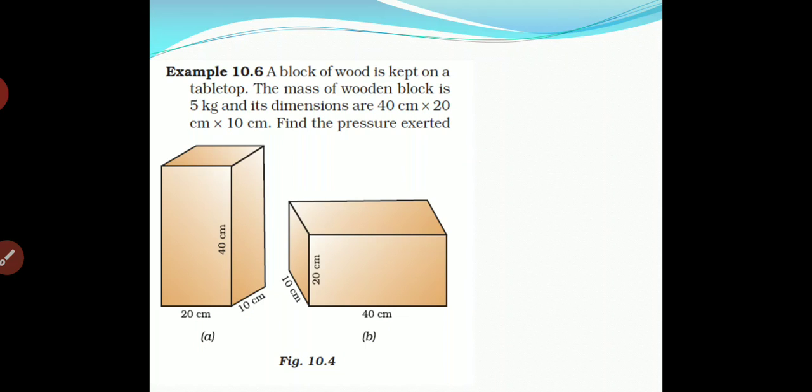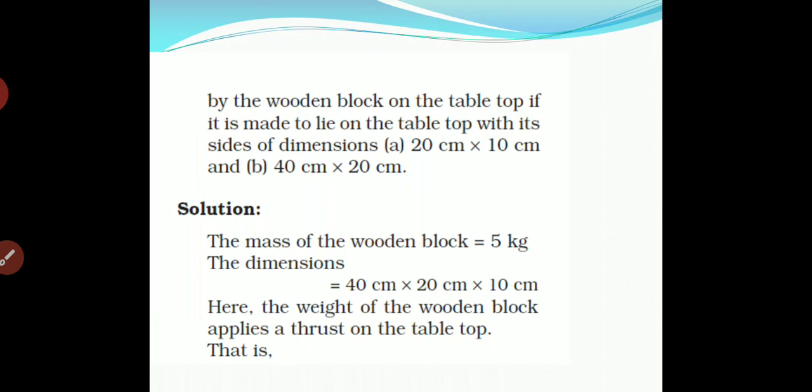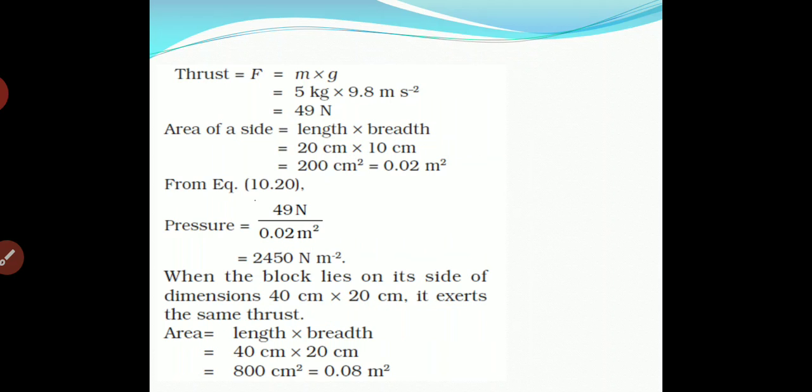Here you can see that the mass is how much? 5 kg, which is already given. So the dimensions will be 40, 20 and 10. Here the weight of the wooden block applies a thrust on the tabletop, that is F is equal to what? mg. We know it very well, formula F is equal to mg.